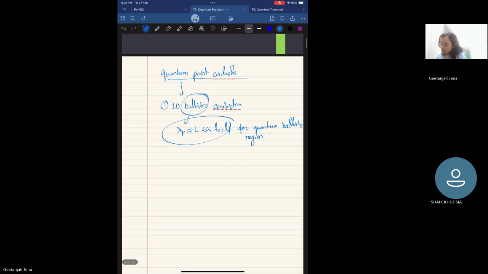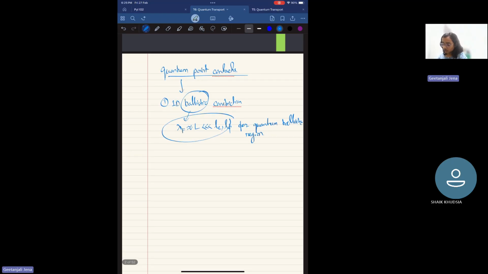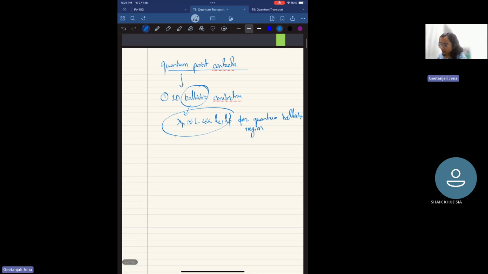To see the quantum point contact, that is the 1D ballistic constriction, we need an opening, the width of the constriction, that should be comparable to the Fermi wavelength to see 1D quantum ballistic transport.